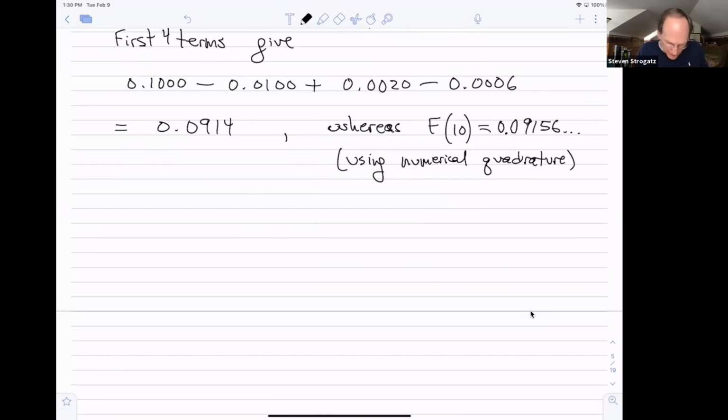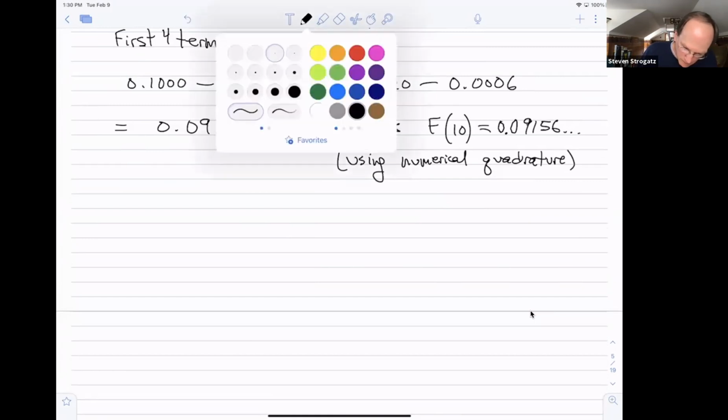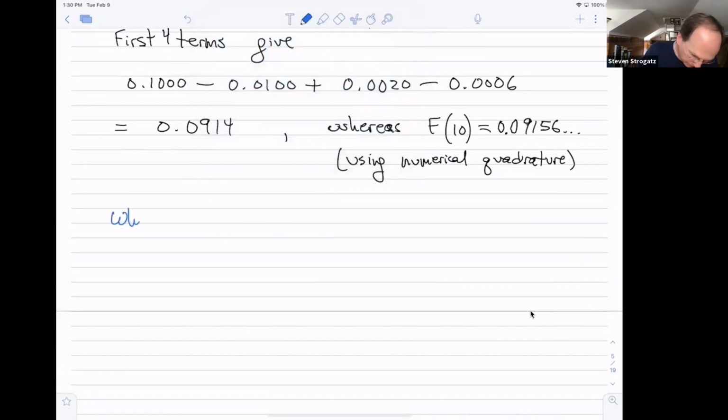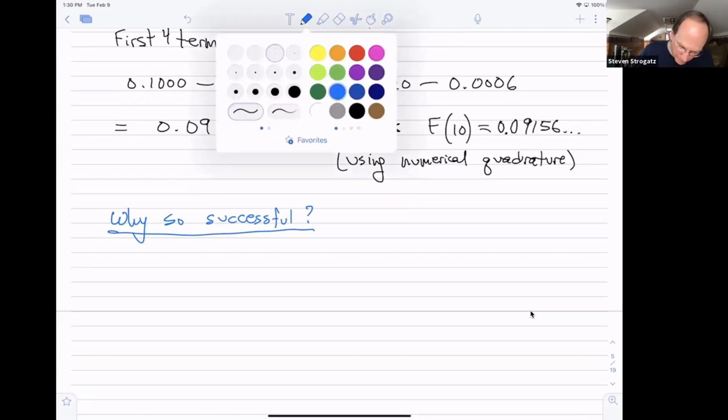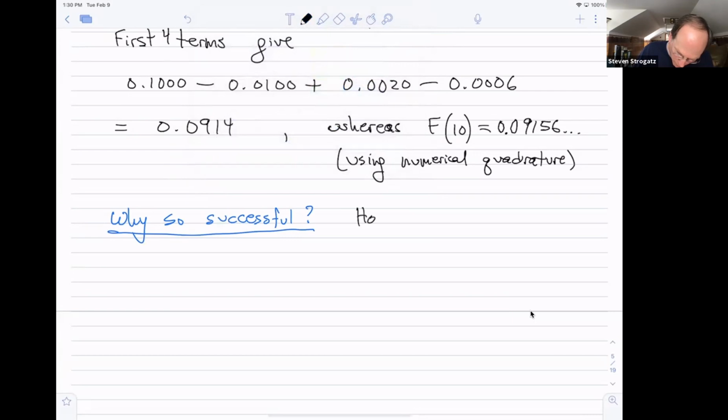All right, so let's try to understand why this worked as well as it did. Why was this so successful? Or to put it another way, how could a divergent series give such good results?